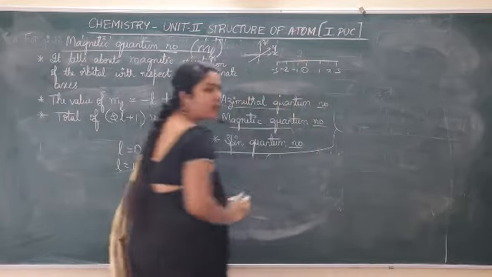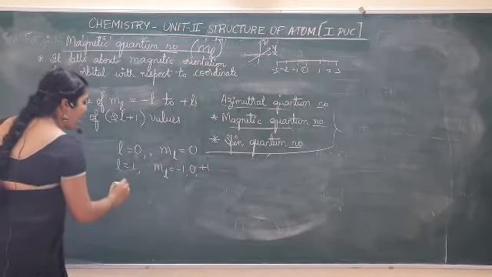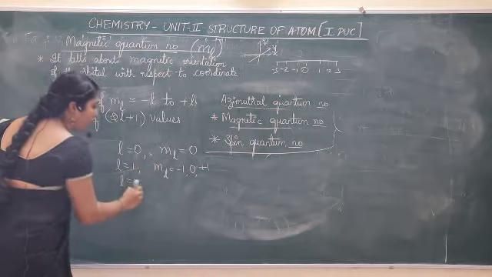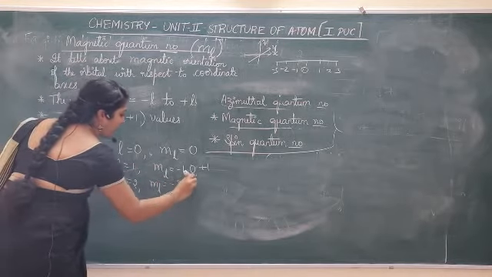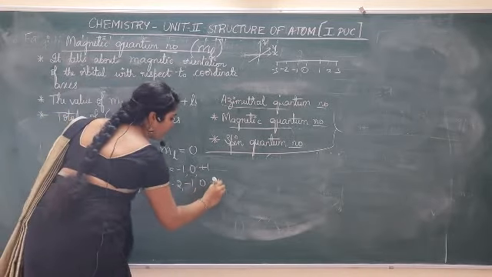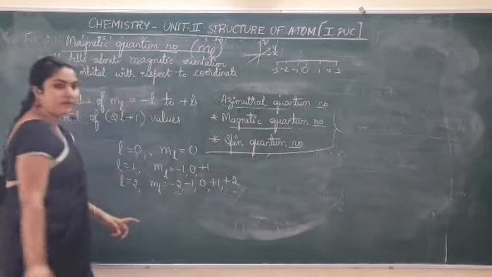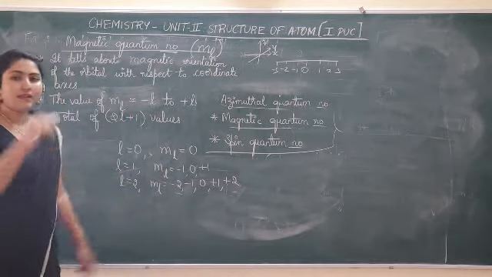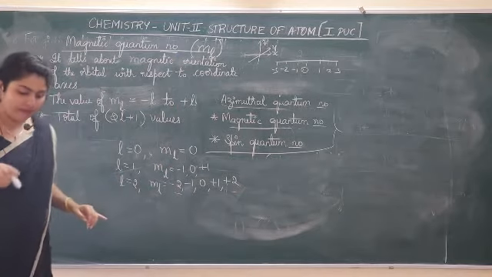In this order you will be writing. When L is equal to 2, value of ML will be minus 2, minus 1, 0, plus 1, plus 2. That is minus L to plus L. This is how we write ML values.